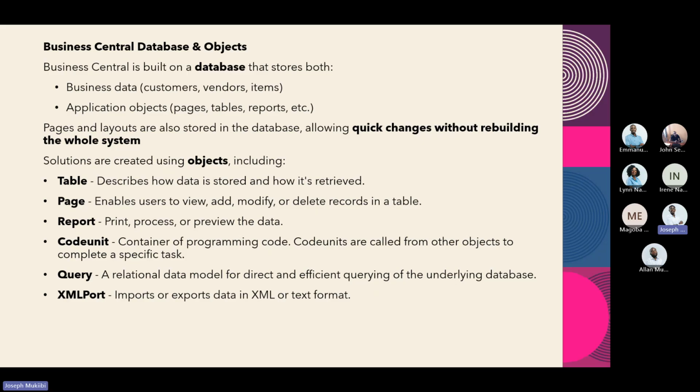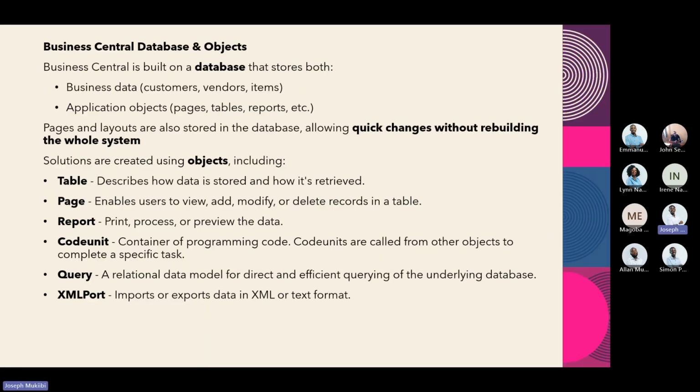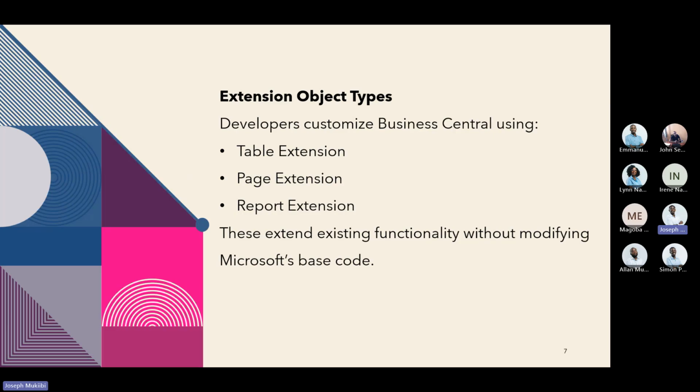Then we have the XMLports for importing or exporting data in XML or text format. Just move on to the next, where I will show the image of how the data is stored.